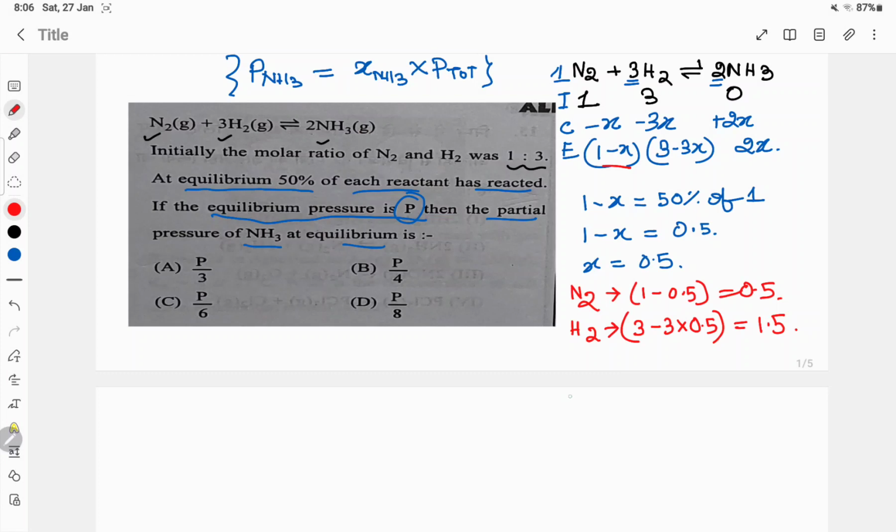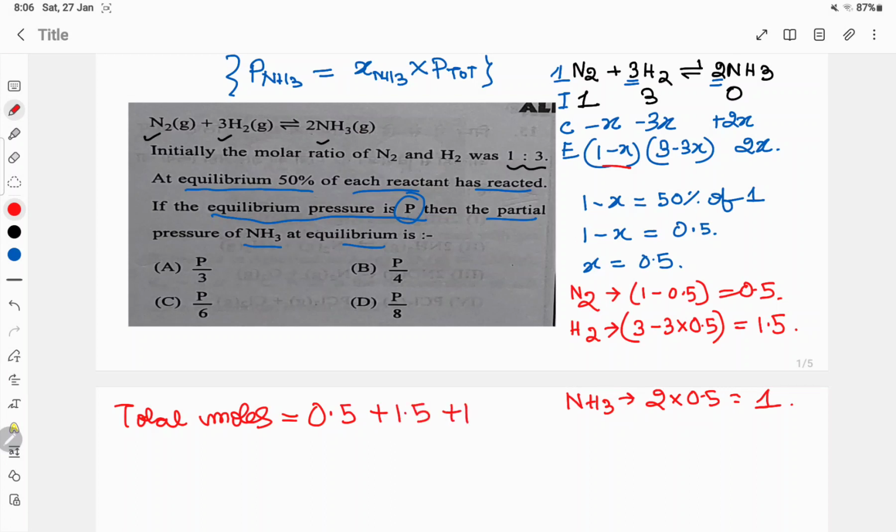And the number of moles for ammonia will be twice x, 2 into 0.5, that is 1. Okay, so let's find total moles. Total moles is equal to 0.5 plus 1.5 plus 1. So 1.5 plus 1.5, total number of moles is 3.